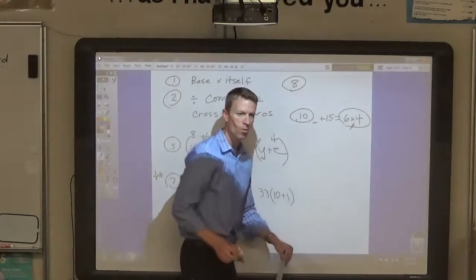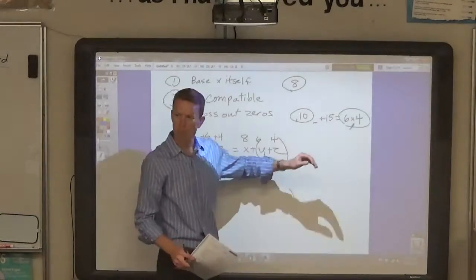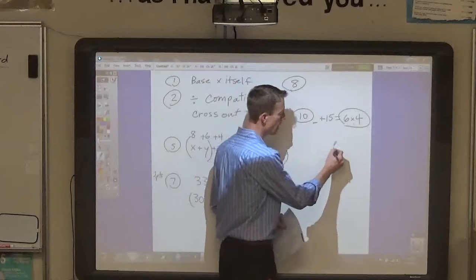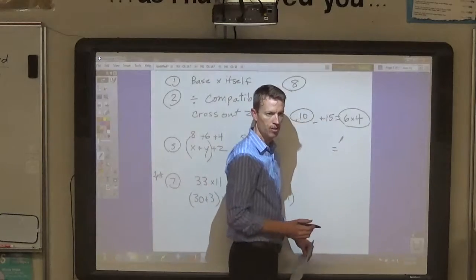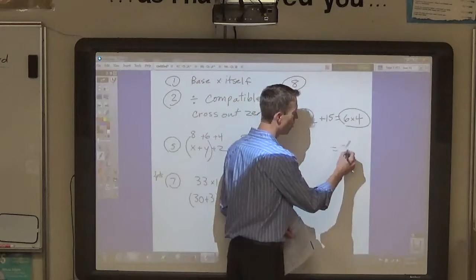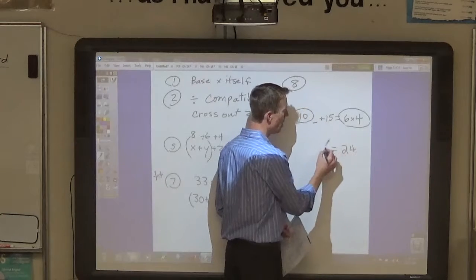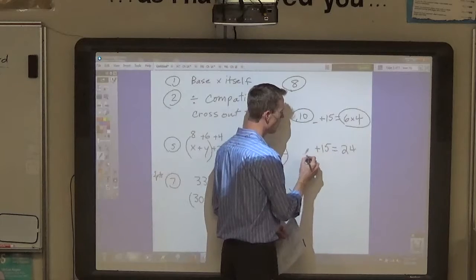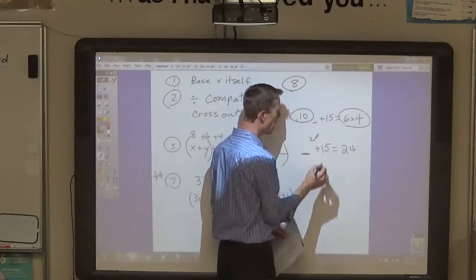So you probably want to work backwards on this. Find the answer to this side first. What is the answer to 6 times 4? 24. And then that's equal to 15 plus a number that's being squared.